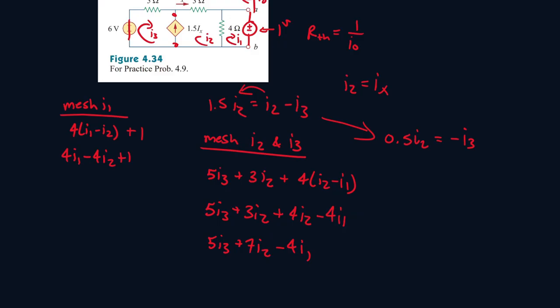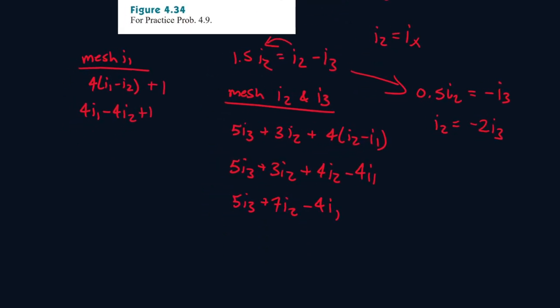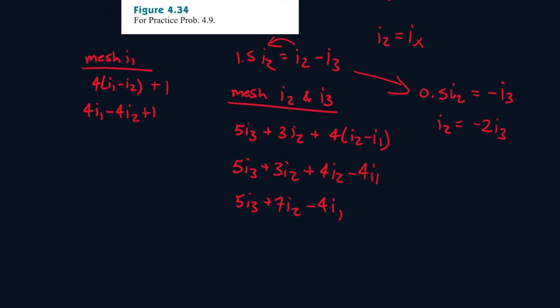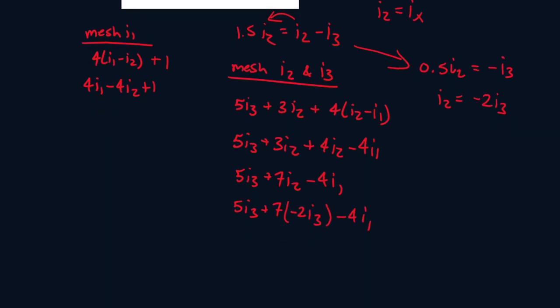Divide both sides by 0.5, and we have minus 2 I2 equals minus 2 I3. So now for here, let's replace that. So 5 I3 plus 7 minus 2 I3 minus 4 I1.